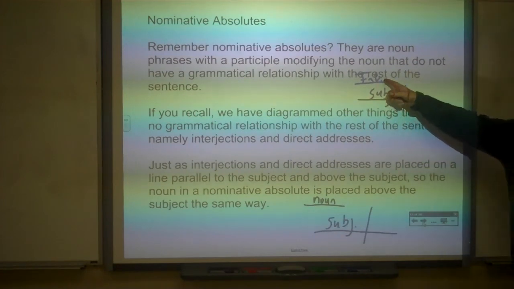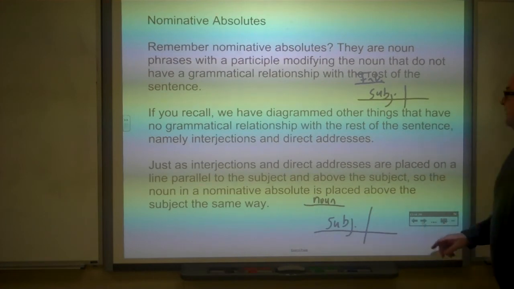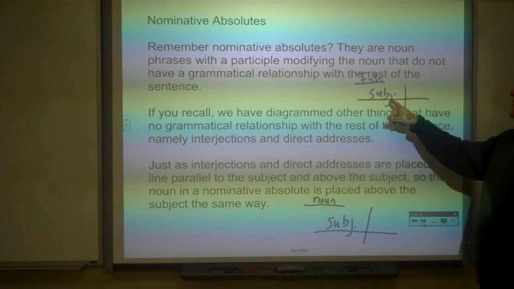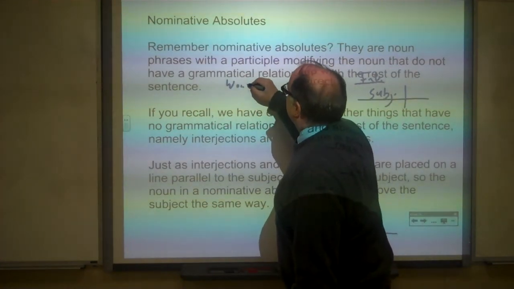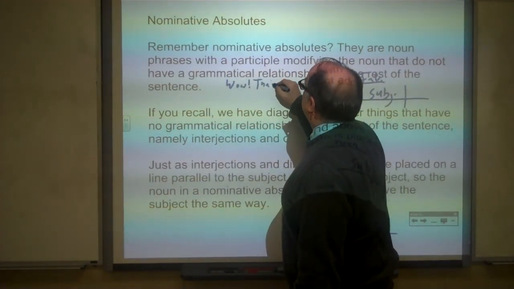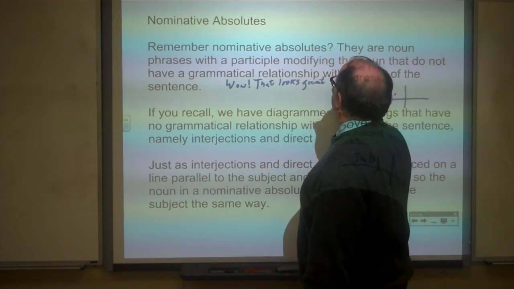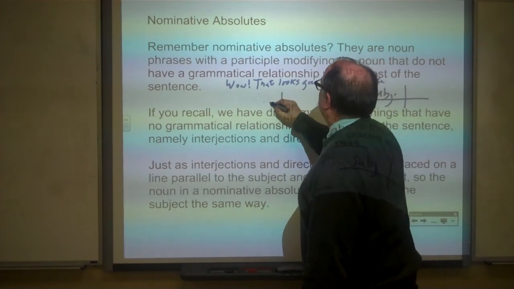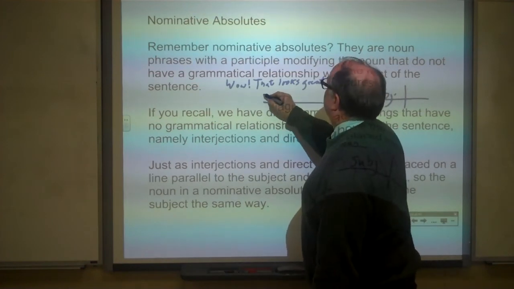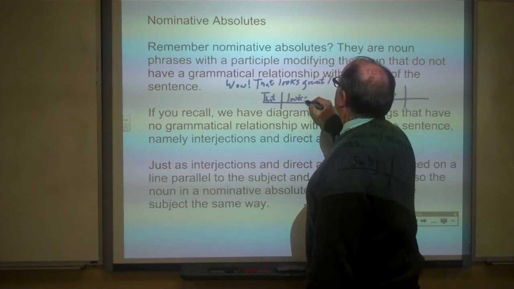If we have an interjection, "Wow, that looks great." The interjection goes above the subject. Remember that? Okay, simple sentence with an interjection. That is the subject. Looks is the verb.